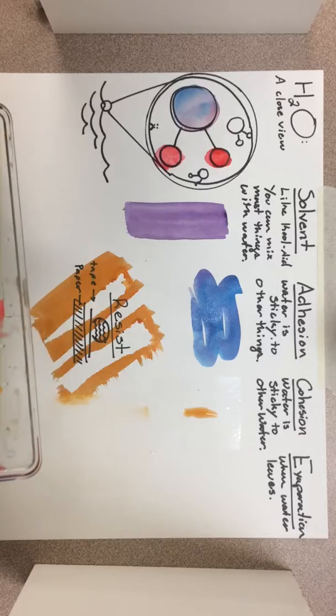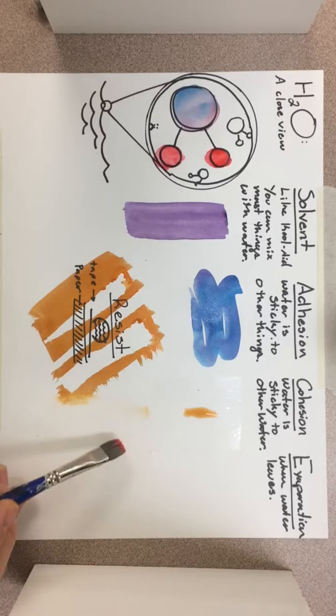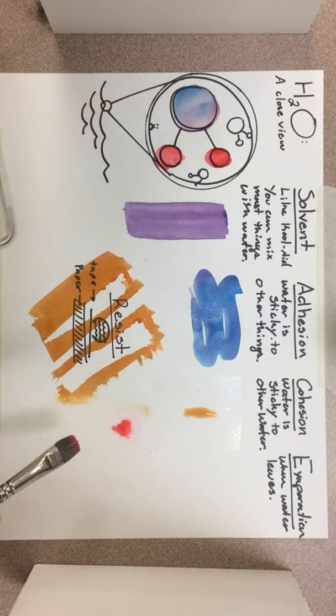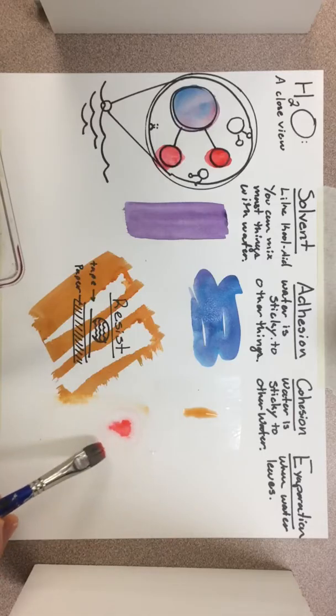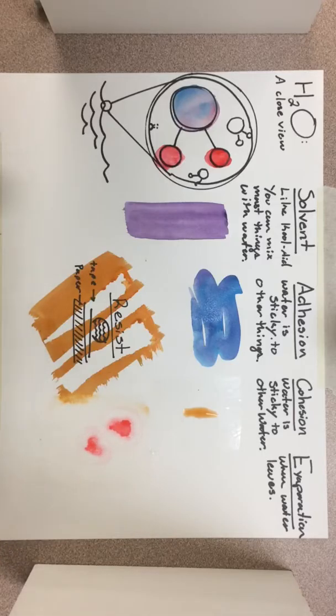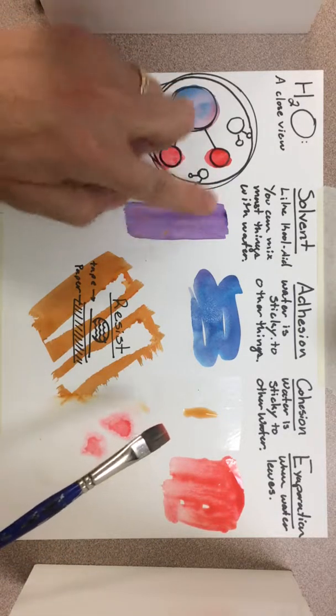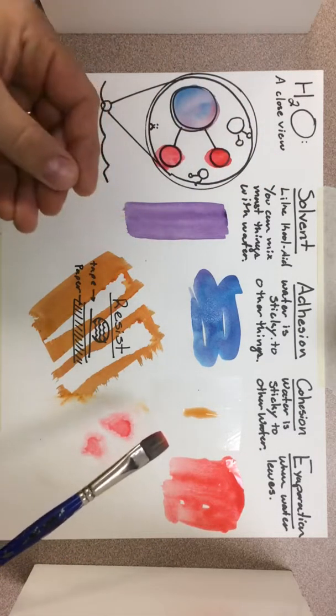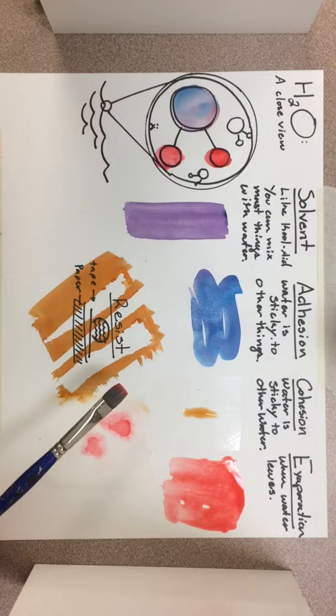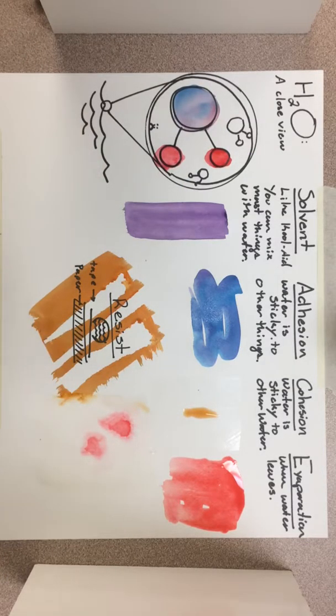I'm going to just drop some color into this area here, and you see how it spreads out? It spreads out in that direction because on an atomic level, the water is getting drawn to each other through its hydrogen bonds. Now, when all this water evaporates, it leaves us with the color, and the color adheres to the paper, and that's what creates our beautiful art. And so that's how we use the properties of water to make our art.